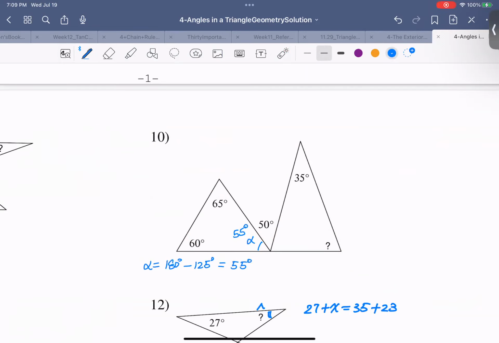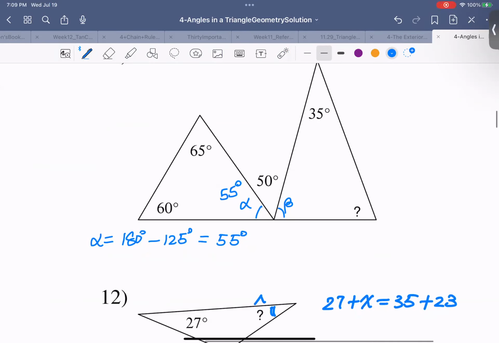It would be 50 plus 55, which is 105, and 180 minus 105, which is 75. Excellent. This is 75 degrees right here.